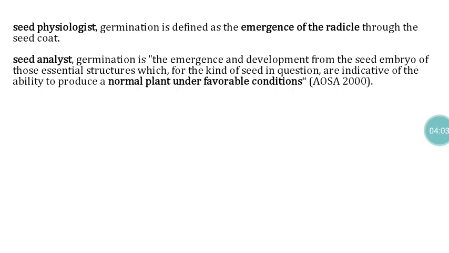So the definition is mainly based on the result. If it is normal, it is a germinable seed. If it is abnormal, it is non-germinable. They treat that particular seed as equal to a dead seed. So these are the definitions given by two different fields from separate perspectives.